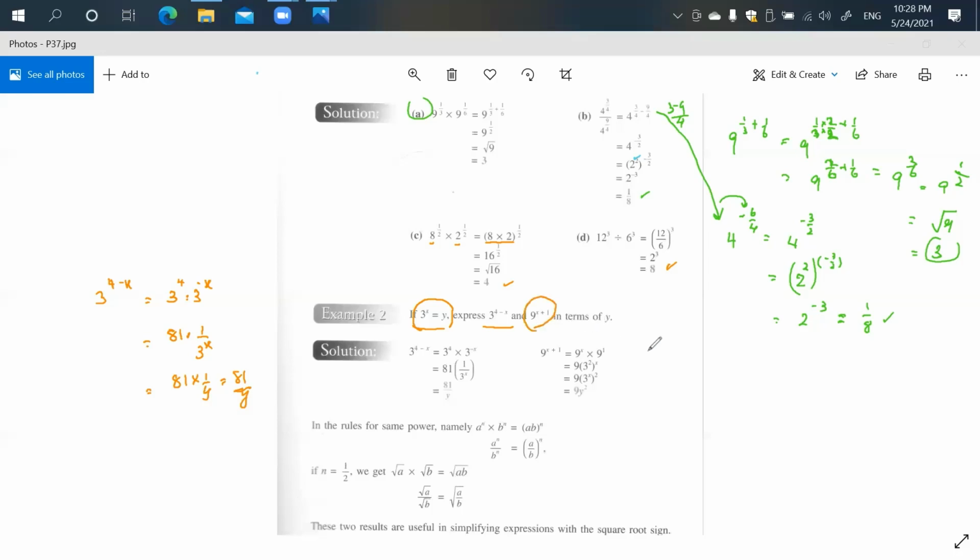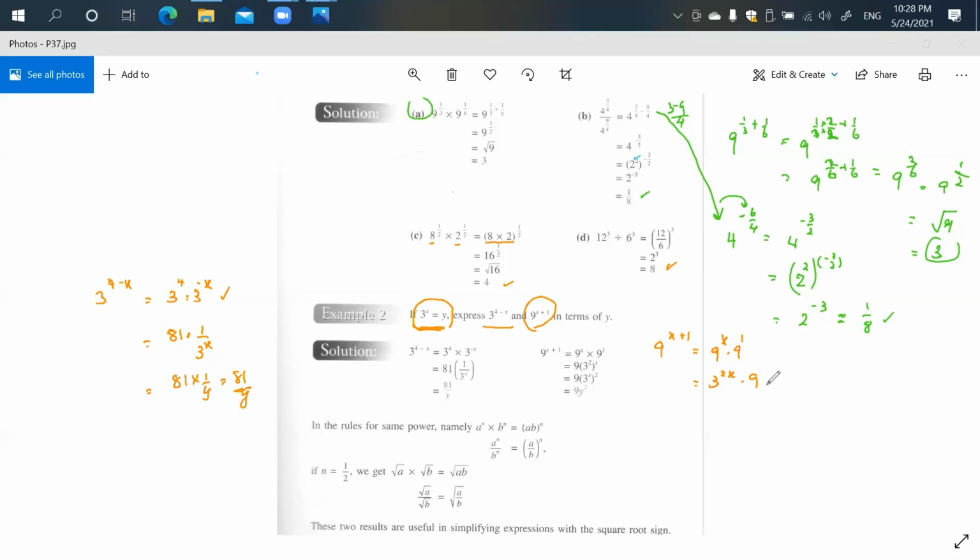Now see this one, express it in terms of y. I write down on the side here: 9 to the power of x plus 1. We can do the same way here: make it 9 to the power of x times 9 to the power of 1. Because we have to try to use 3 to the power of x, we simplify 9 to the power of x to become 3 to the power of 2x, times 9.